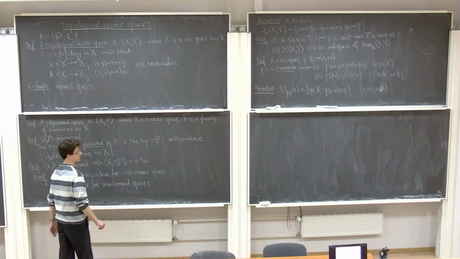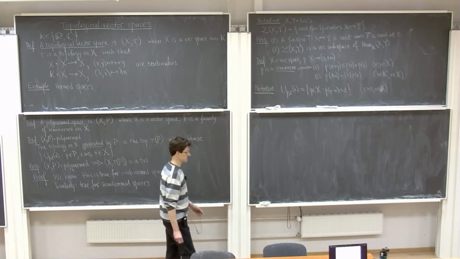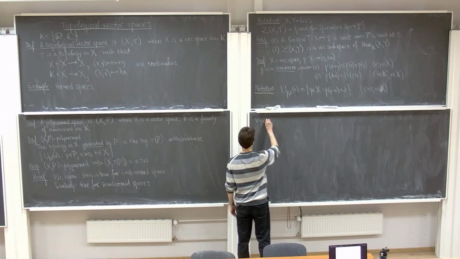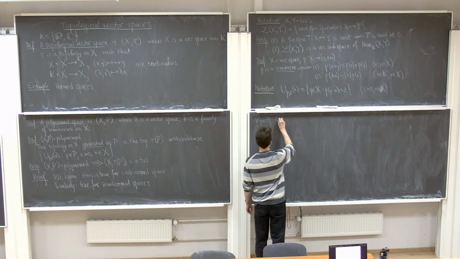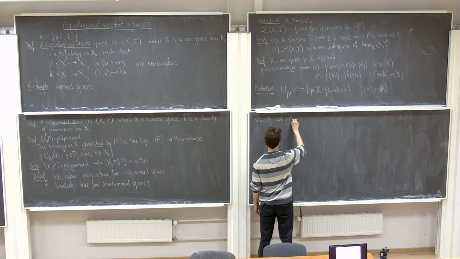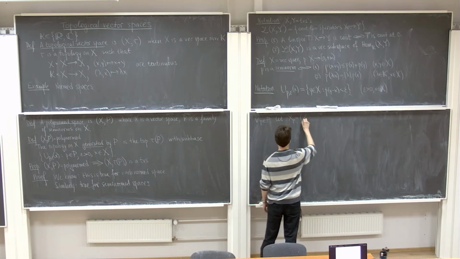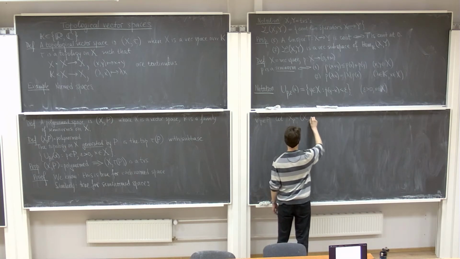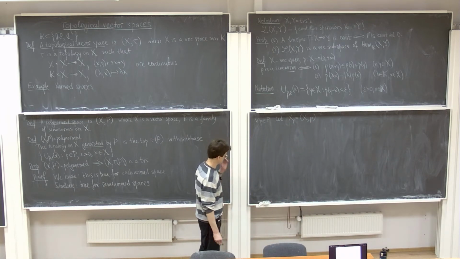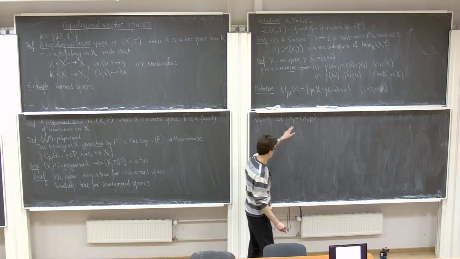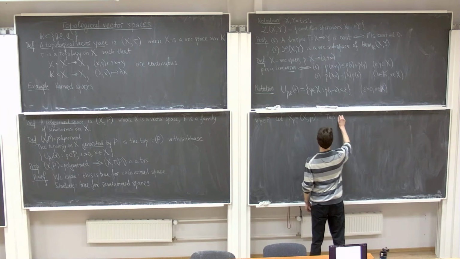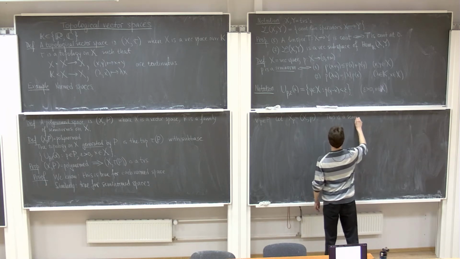Now, to prove this result for polynormed spaces, we do the following. For each seminorm p from our family, we denote by X_p the following seminormed space. We forget about all other seminorms, and we leave only one of them, a little p. So this is a seminormed space.